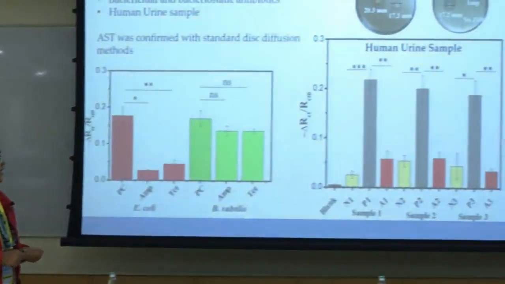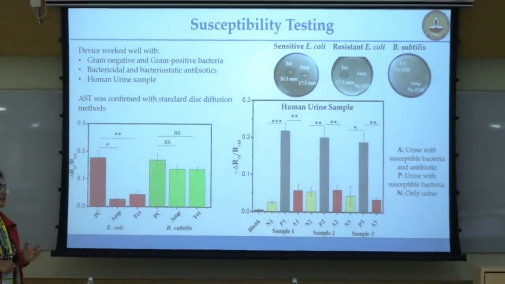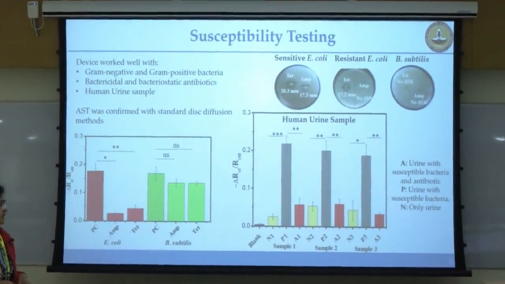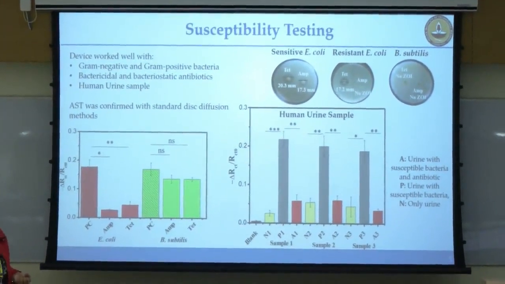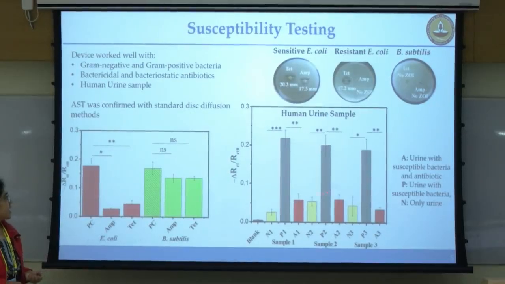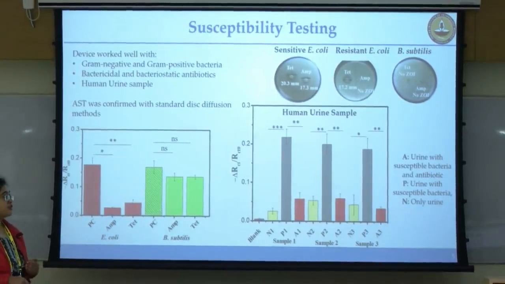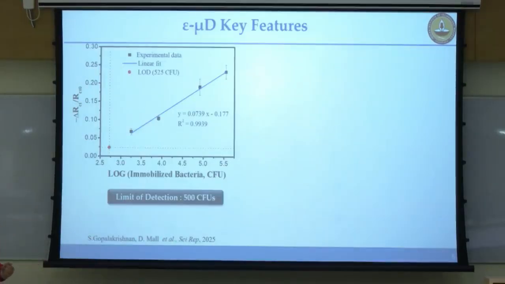Initially every test was done with our lab-scale solution, and later we used actual urine, to show that there is no hindrance from the sample matrix. We are able to detect almost 500 CFU, which is really low.